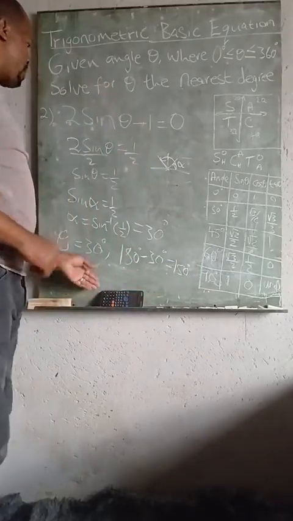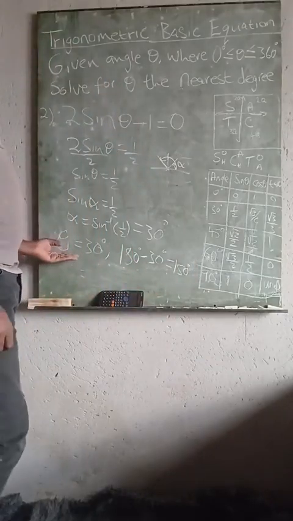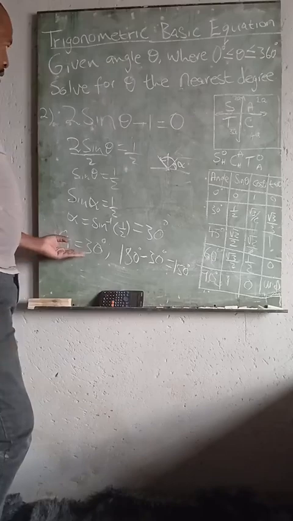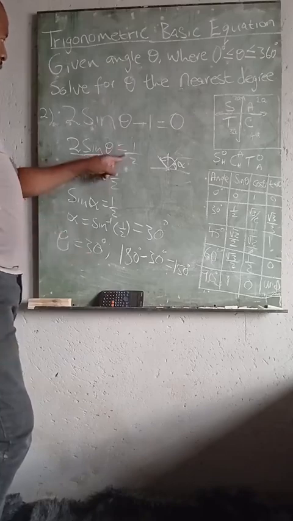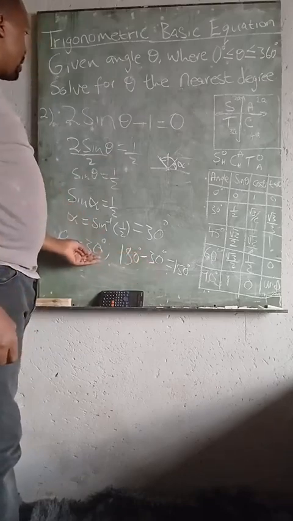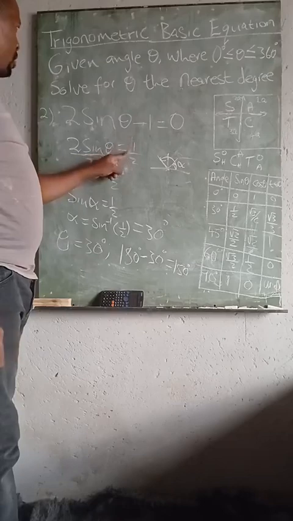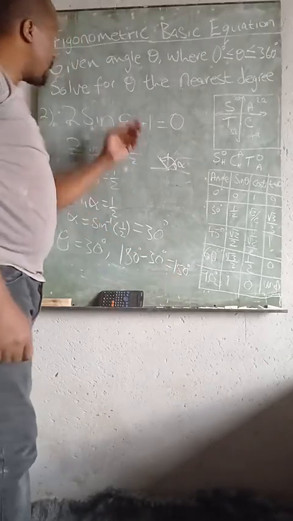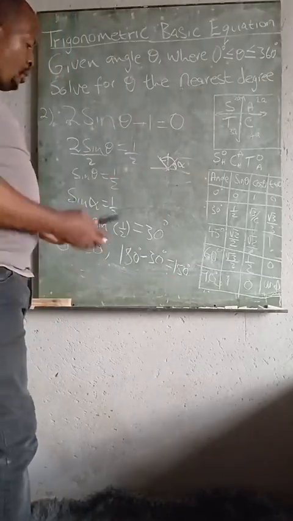So remember, we said to prove the answer is correct, we must get the same answer, meaning the sine of 30 is equal to 1 over 2. Even the sine of 150 must give you 1 over 2.